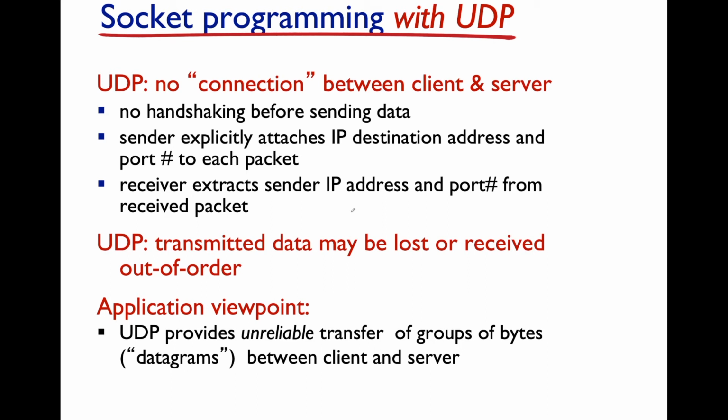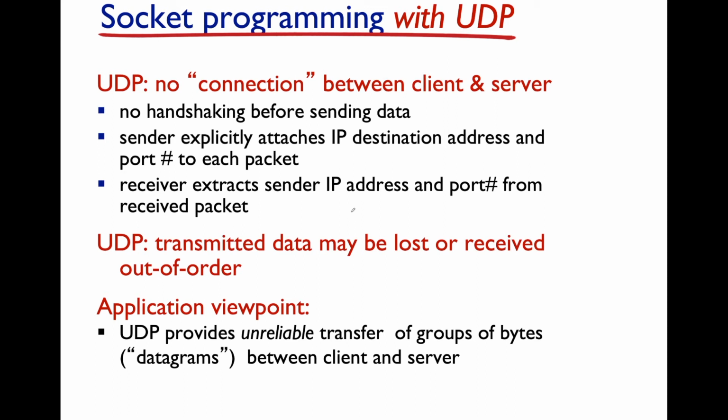And so UDP does not guarantee ordering of your data. Data can be lost, or it can be received out of order. So if you send packet 1, packet 2 in that order, it doesn't always arrive as packet 1 and packet 2 in the same order that you pushed it into your end of the socket in the application layer.